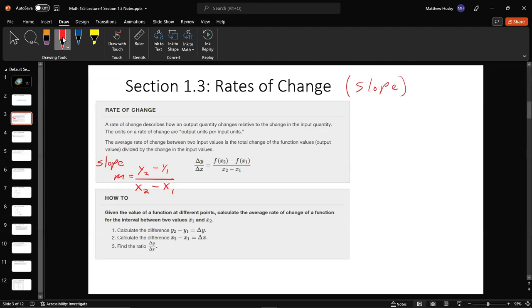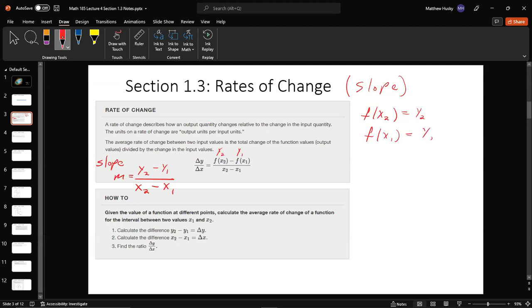So anyway, instead of writing it as y, they're saying f of the second x. This is basically equivalent to the second y value. This is equivalent to the first y value. So f of x2 is equivalent to y2, the second y value. f of x1 is the first y value.